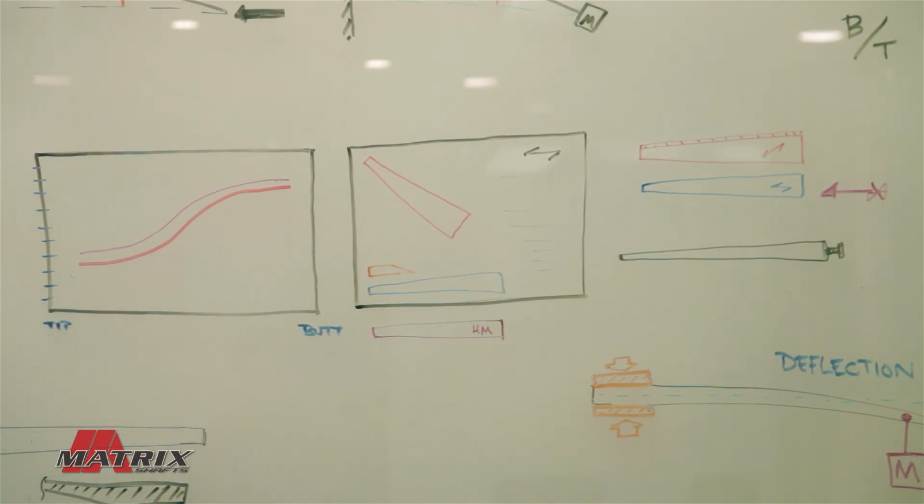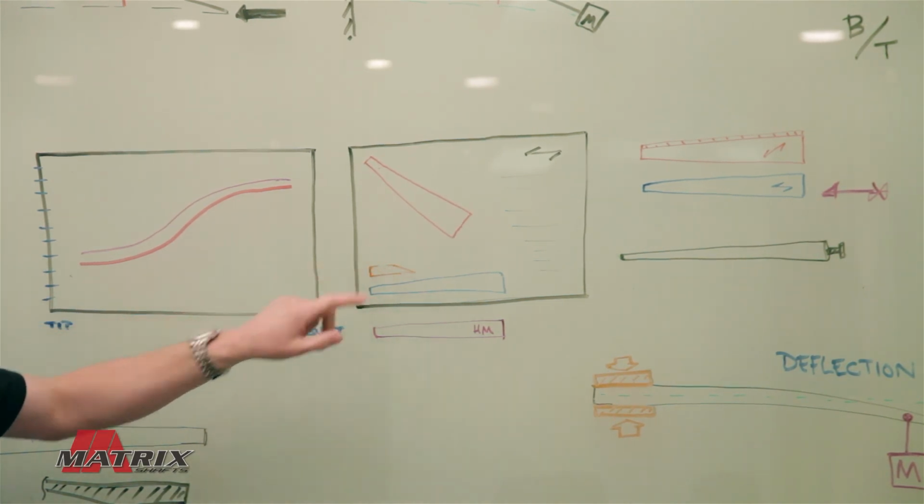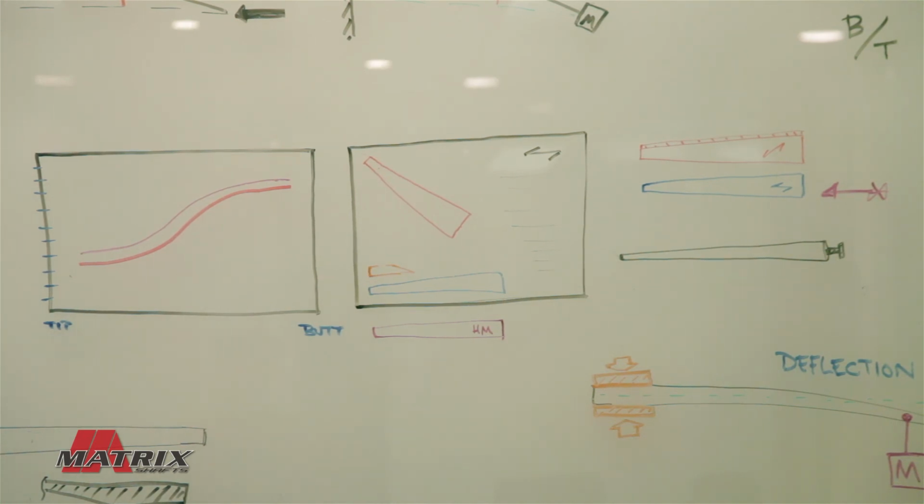Now, if we wanted just to adjust the stiffness in the tip region, which is the big influence on kick point, we would change the size of that tip flag.